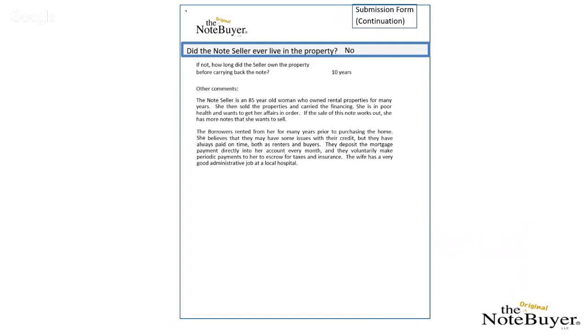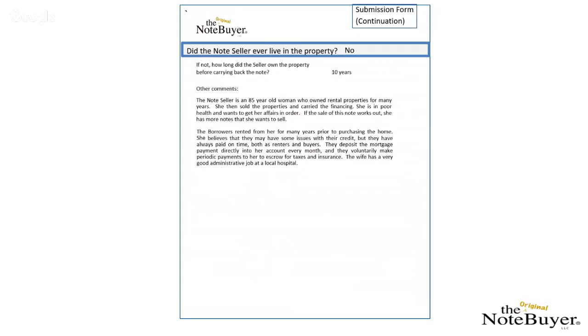But if they didn't live in the property, then I need some more information, because I need to know, are they actually in the business of creating notes? If they're just a part-time investor, then perhaps they would qualify for the no more than 3 deals in a 12-month period.